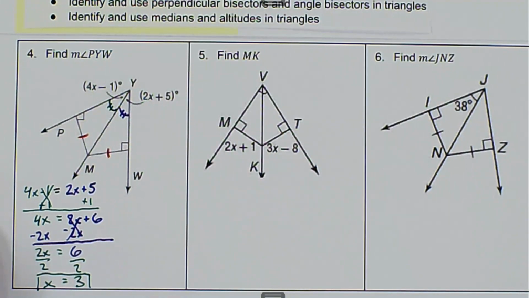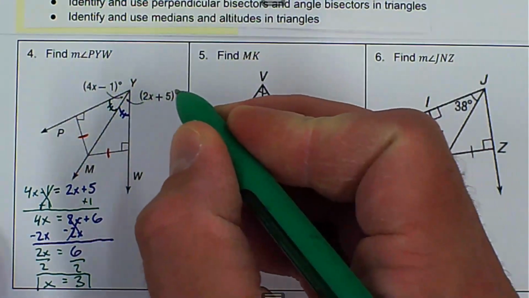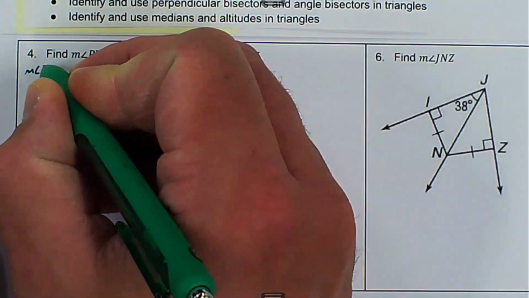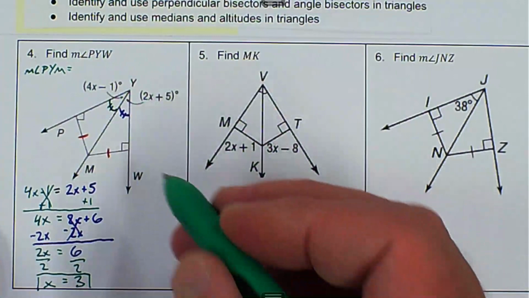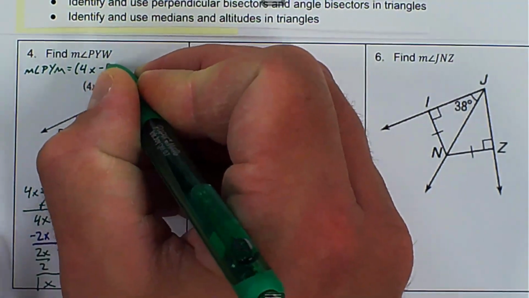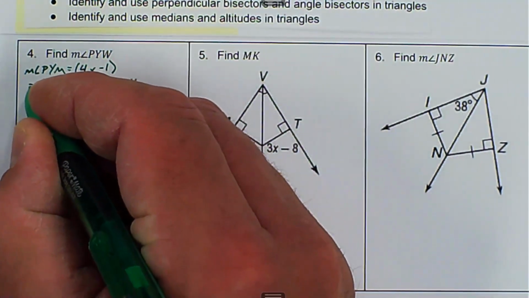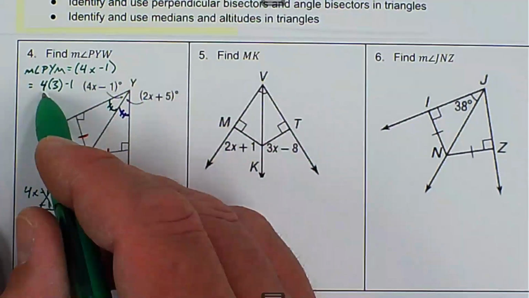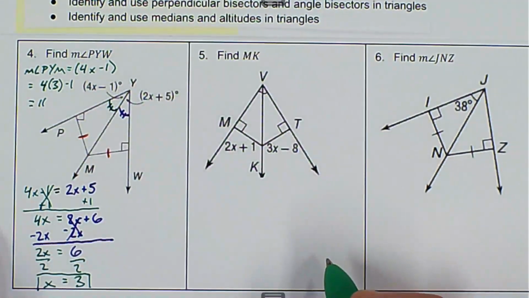So we can say PYM, the measure of angle PYM, is equal to 4x minus 1. Well, we can replace the x with our 3. So that's equal to 4 times 3 minus 1. 4 times 3 is 12, minus 1, that is equal to 11.